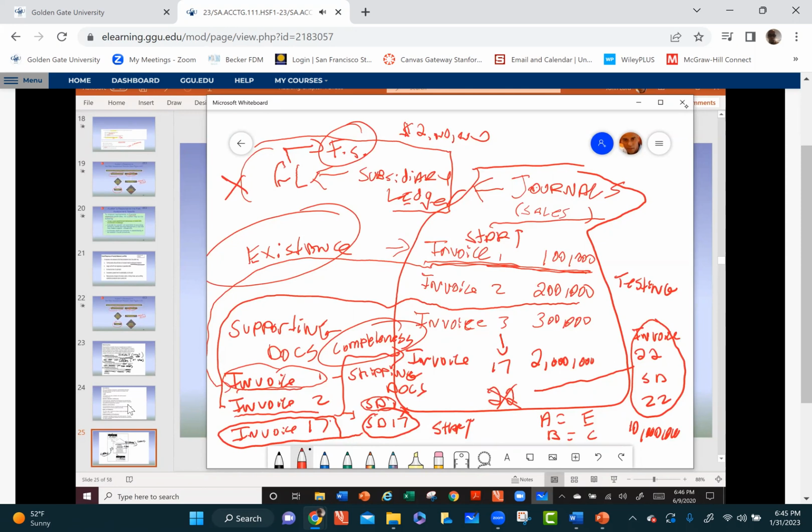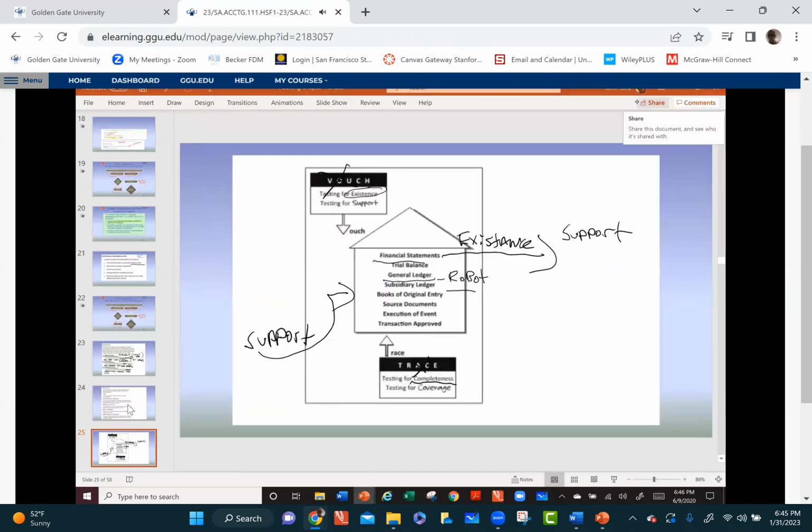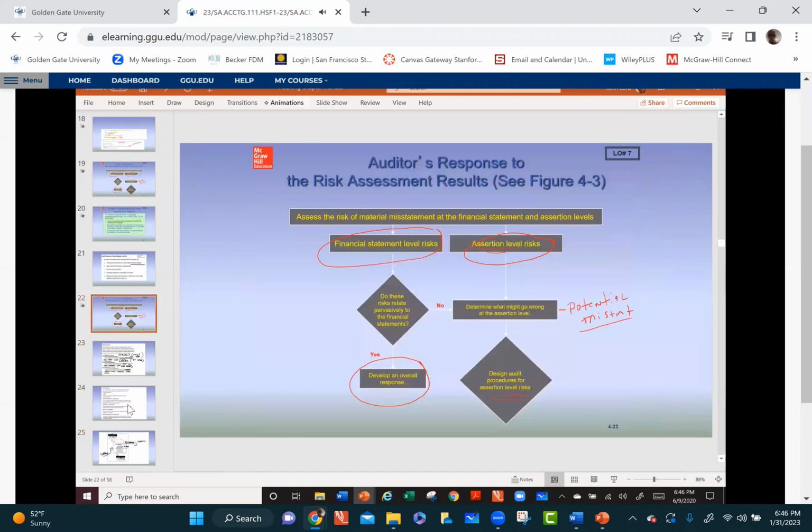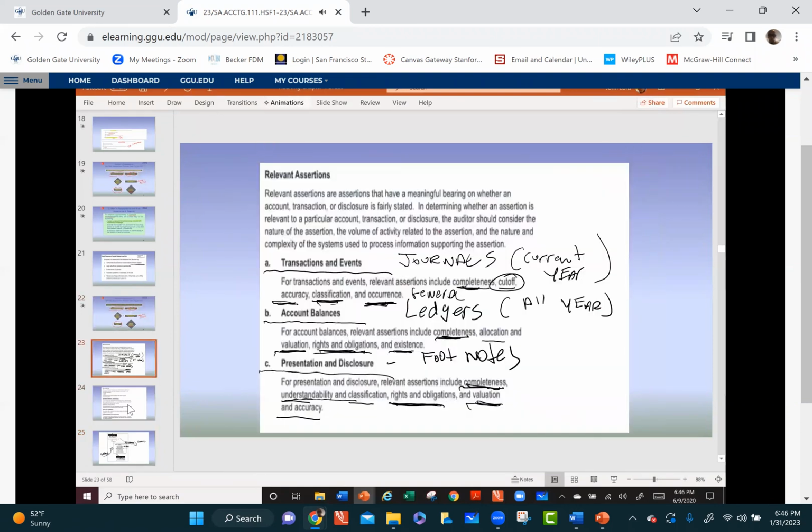But after the first midterm, I want you to understand at this point that we have our assertions, and we design our audit procedures around those assertions.